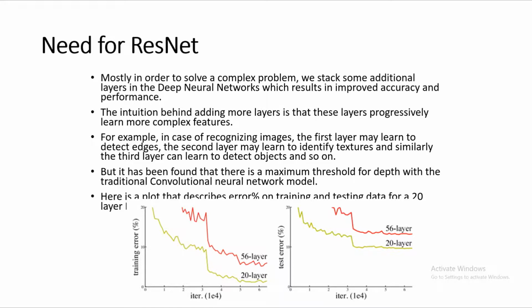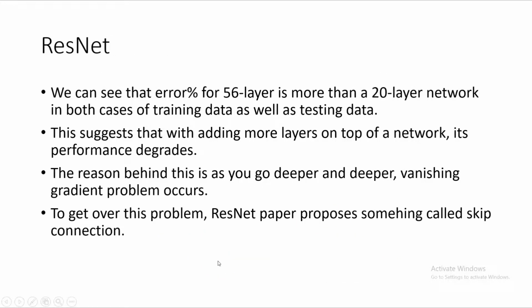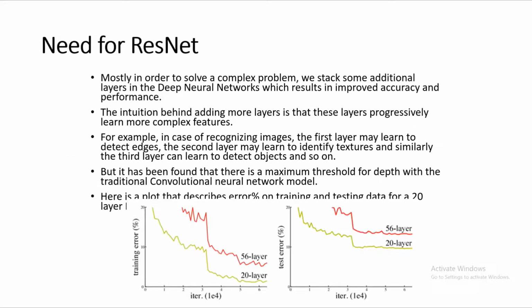Here we can easily see that the error rate percentage for the 56 layer network is more than the 20 layer network in both cases, the training data as well as the testing data. The training error rate is high as compared to the 20 layer.